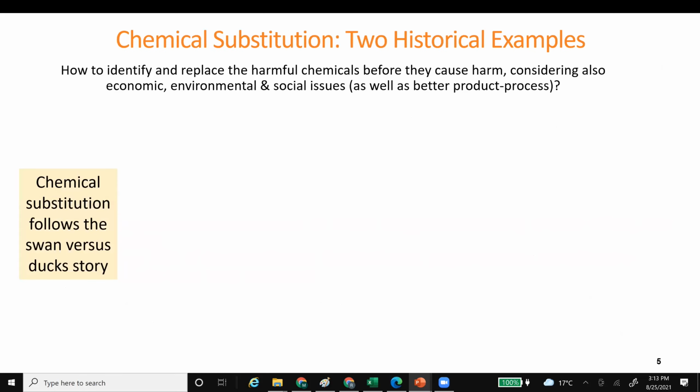Now, there are historical examples for this also in terms of chemical substitution, and Dr. Razia had mentioned the refrigerant example. I will try to give a story which I call the swan and duck story. This actually happened to me when I visited the research center of a multinational company.